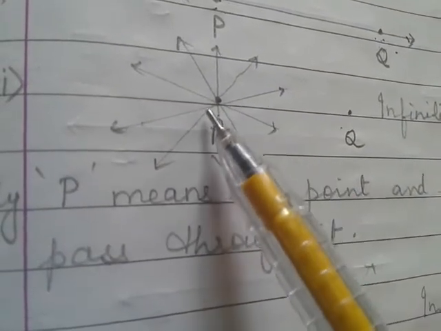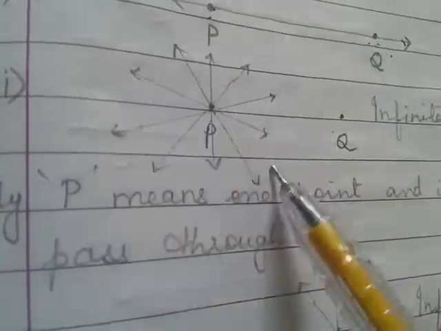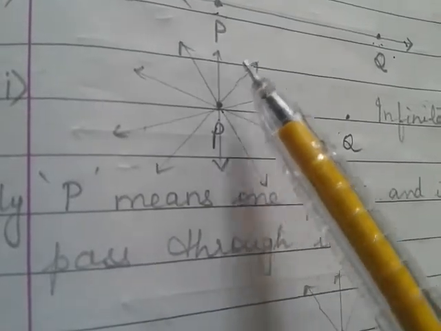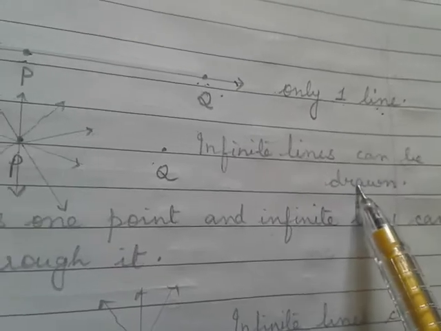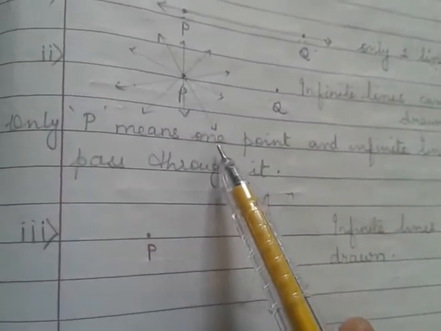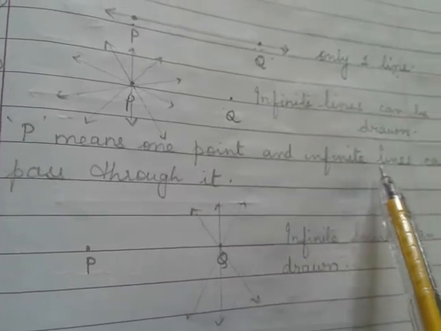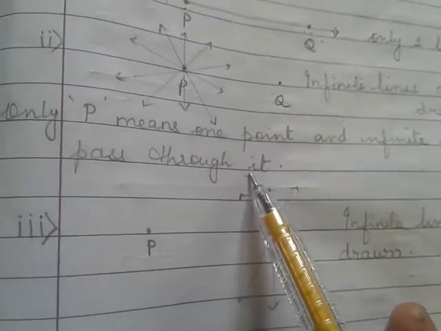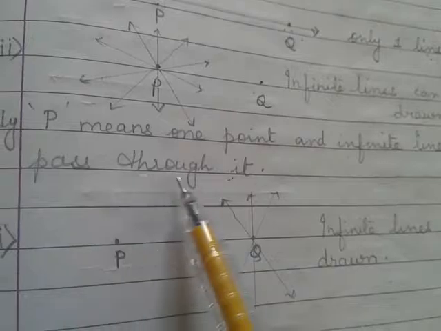Don't worry about it. So from point P we can draw infinite lines. Only P means one point, and infinite lines can pass through it.